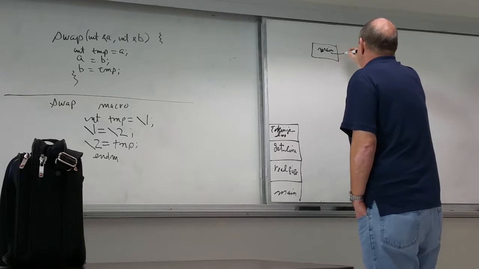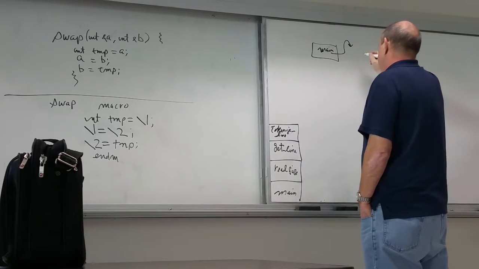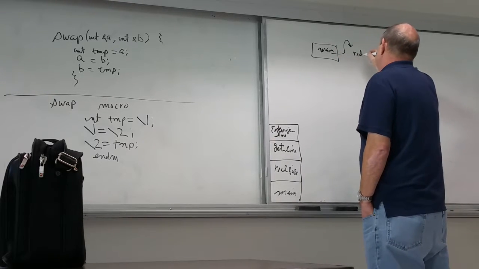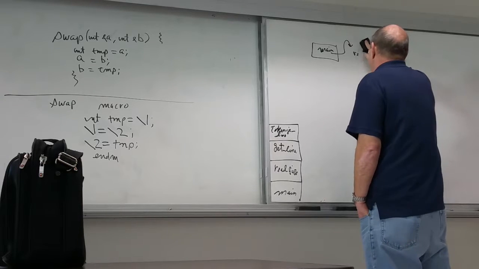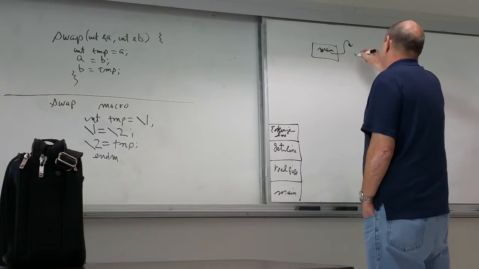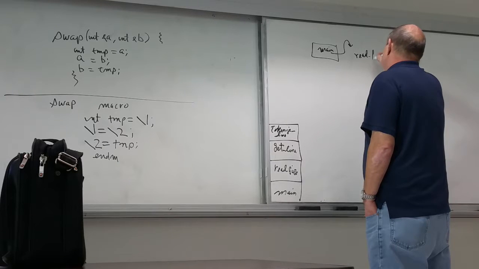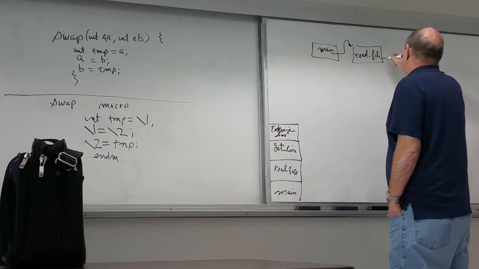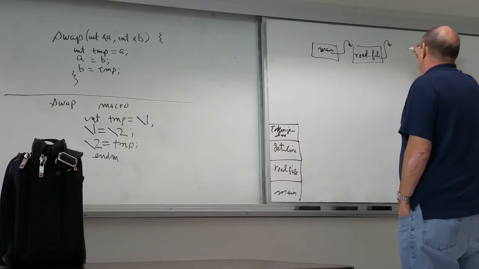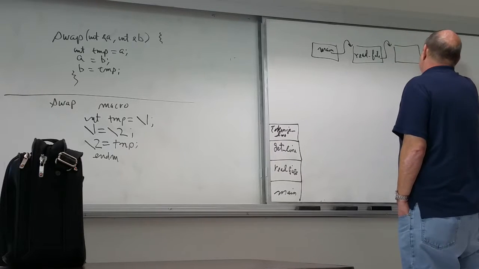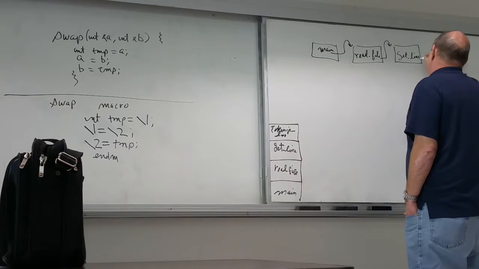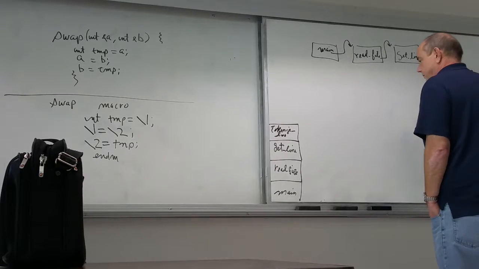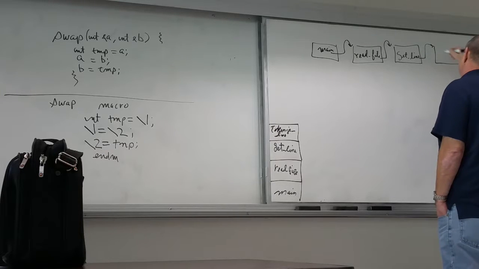And you jump out of main and you call read file. So you jump out of read file and you call get a line. And inside get line you jump out and you call tokenize line.